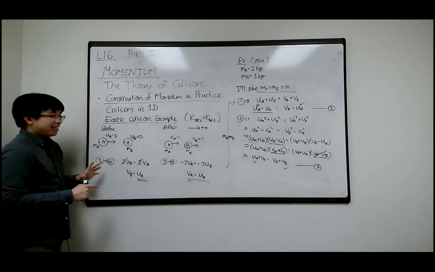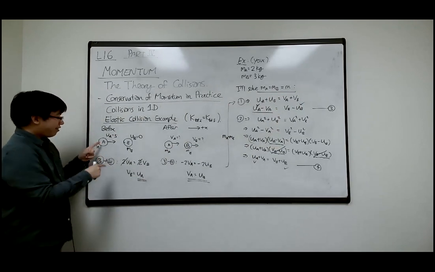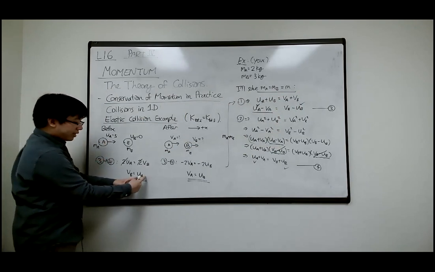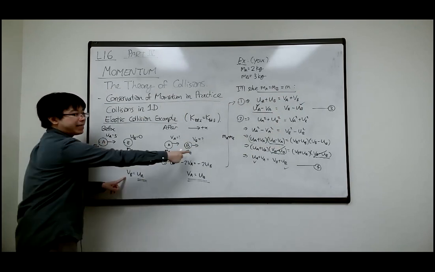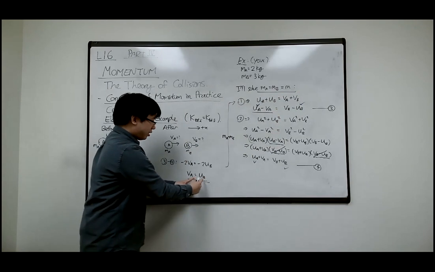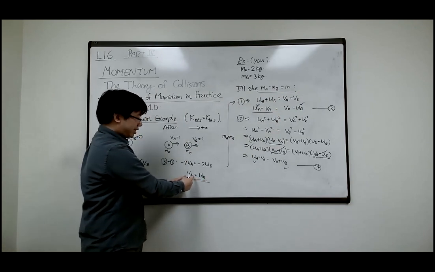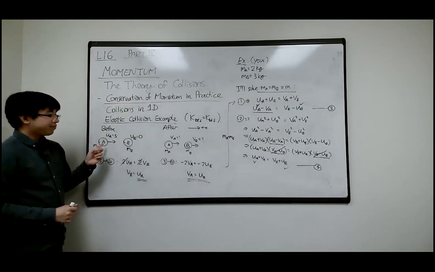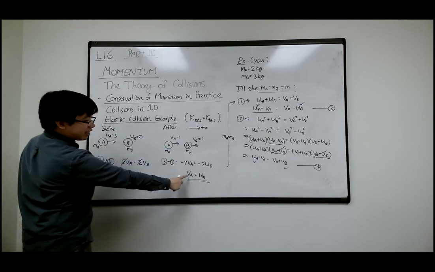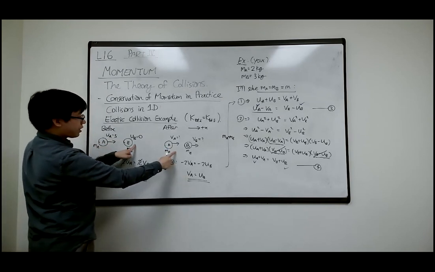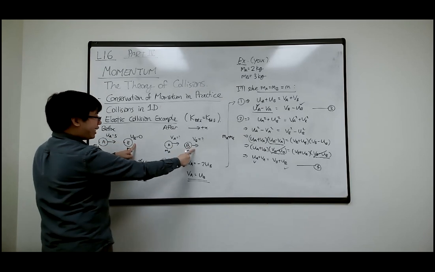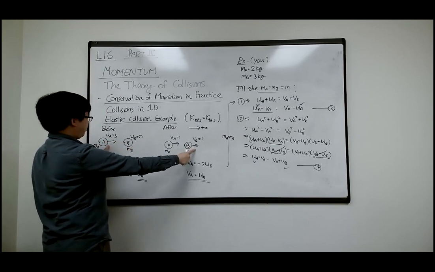If that's the case, the velocity transfers. Whatever UA was is now the new velocity of B, and whatever the old velocity of B was is now the new velocity of A. So A just took B's original velocity, which is 0, and B took A's original velocity, which was 5.